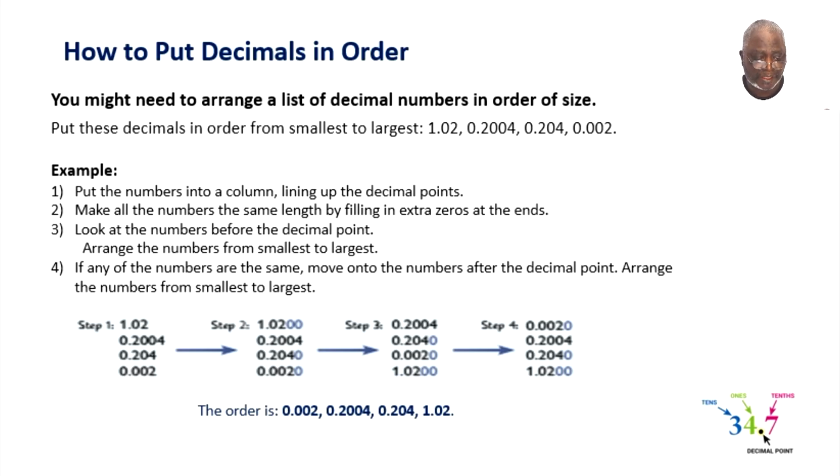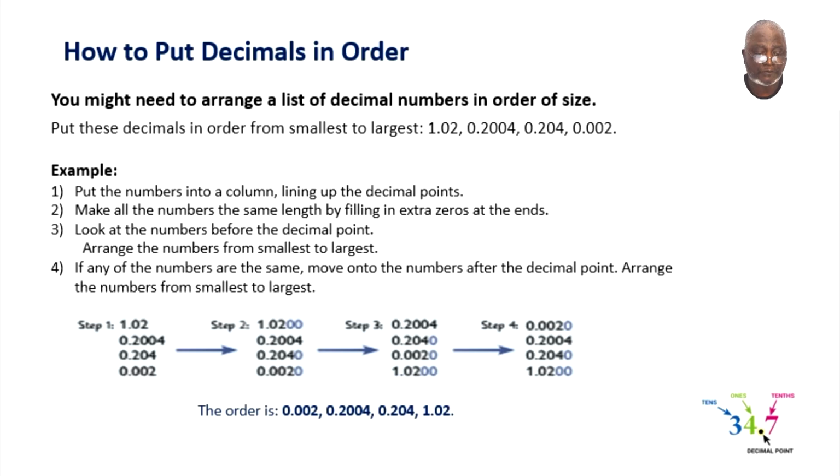And then finally, step 4, you have 0.0020, 0.2004, 0.2040, and then 1.0200. That is the order in which they are, but you cannot leave them like that because you need to put them in the format in which you are asked to order them.